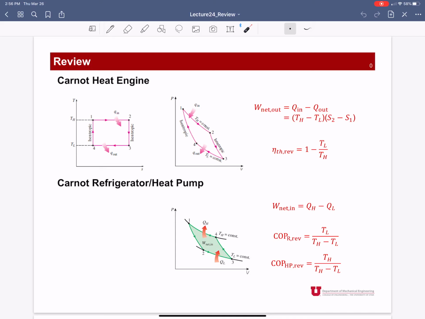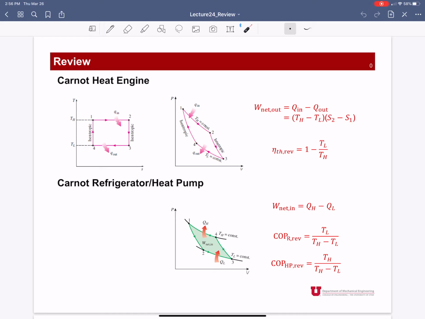Now, how can we calculate the net work output as a performance of the Carnot heat engine? From the TS diagram and the reversible process analysis under the first law of thermodynamics, W net out can be written in terms of Q in minus Q out. If you apply this equation for the Carnot heat engine, we can express the net work output as TH minus TL times S2 minus S1.